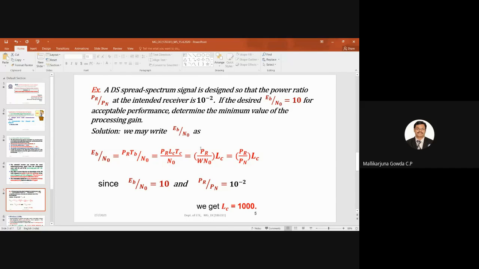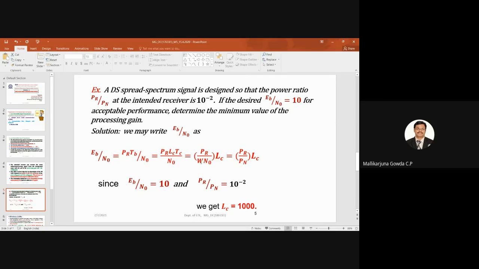W is the bandwidth of the spread spectrum signal, which is equal to 1 over Tc. If I substitute Tc as 1 by W, it is rewritten as Pr divided by W into N naught, into Lc. Hope it is clear.